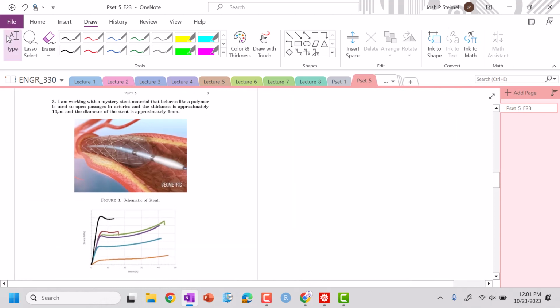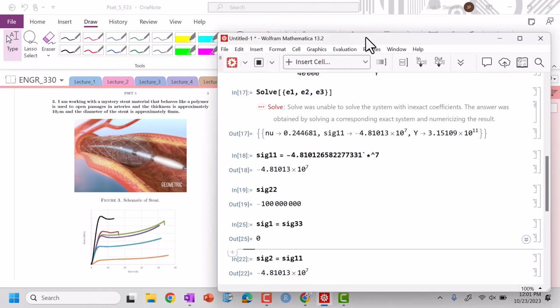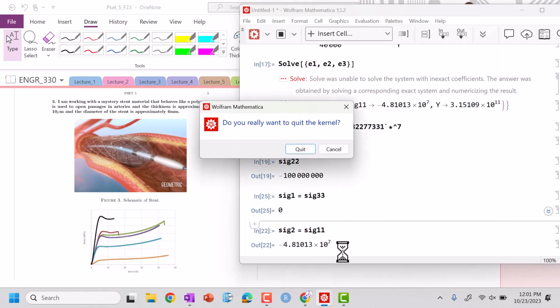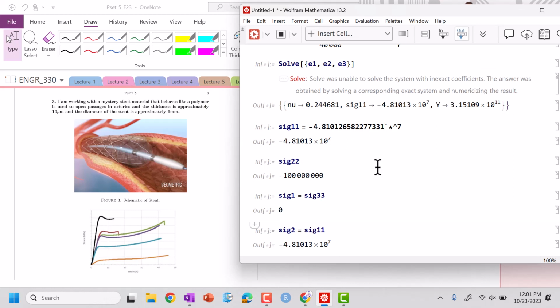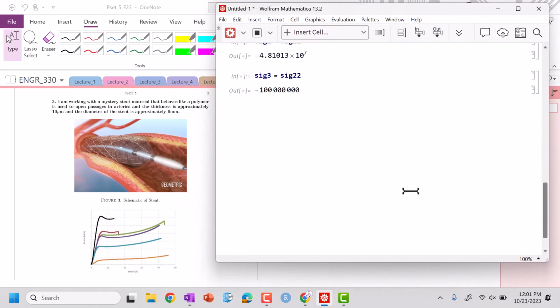Working with a mystery stent that behaves like a polymer, used to open passages and arteries. Thickness, thin-walled. I know we're skipping our coordinate system, but again, you will draw that for me. Polymer, so Y equals 1 times 10 to the 9th.